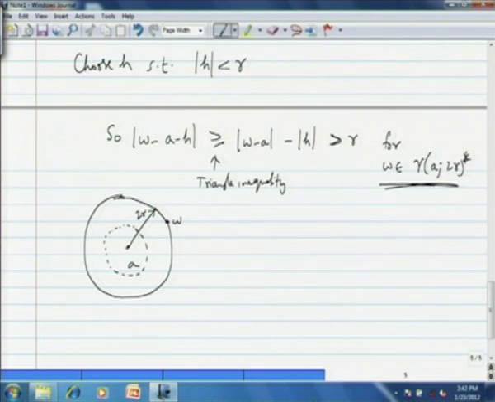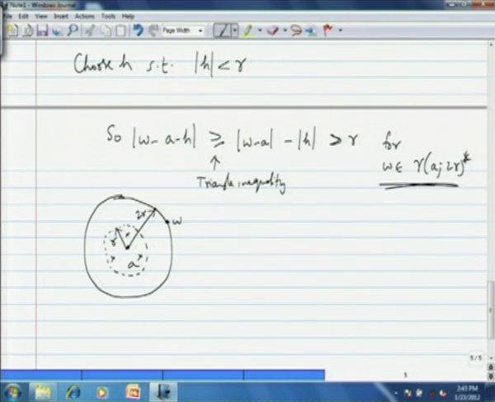So, a plus h is a vector which is somewhere inside. The dotted circle is a circle of radius r. Your a plus h is some point within this disk.